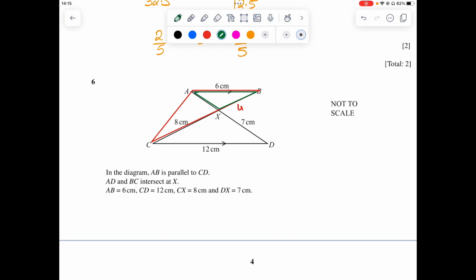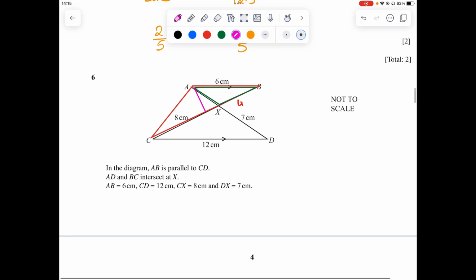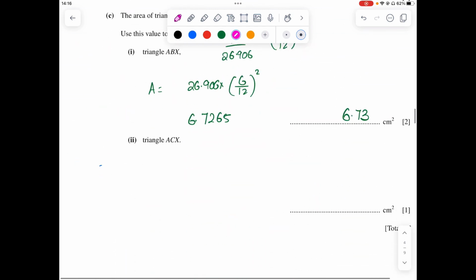Now we can see that they will be having the same height. This is the height of the bigger triangle ABC and the smaller triangles ABX and ACX. All three will be having the same height.